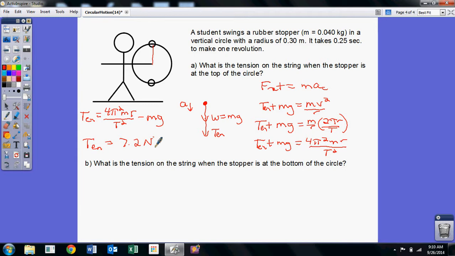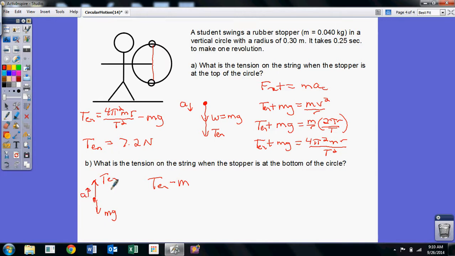Okay, so the second one is with the string at the bottom. So you notice the string at the bottom, okay, the tension is now going to point up. So what's different is our diagram. So now we have a tension force up, and I've got the weight force, mg, pointing down. So it's a very, very similar problem, except that when we write F net, we're going to have the tension force minus mg, because the acceleration here is in this direction.